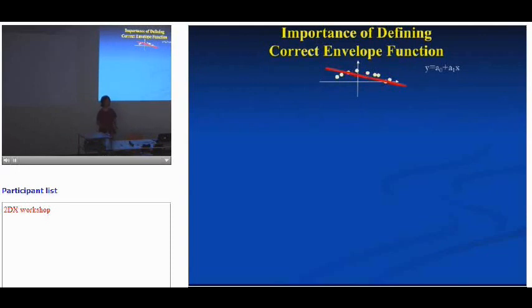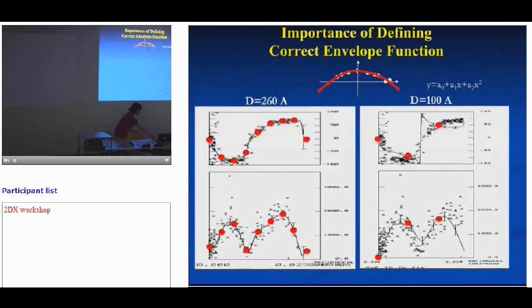This is not going to fit very well. There are a small number of parameters, but that's not enough to describe the behavior of the curve. In this case, a second order polynomial is going to give you a much better fit that describes your data. So even though it requires more parameters, you have to use that many parameters to describe your function.